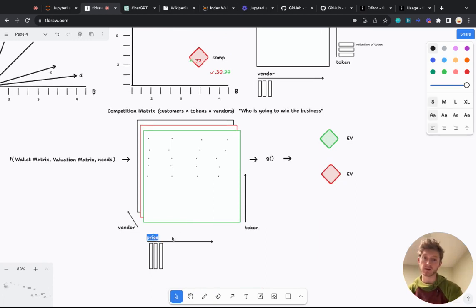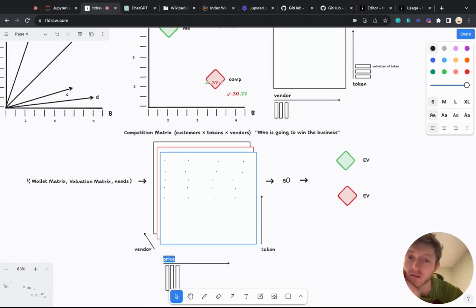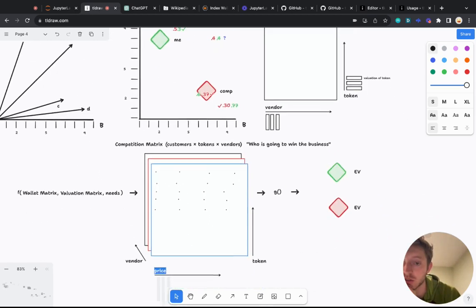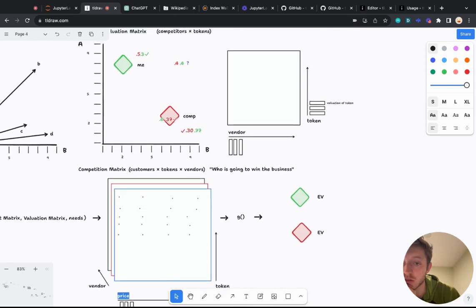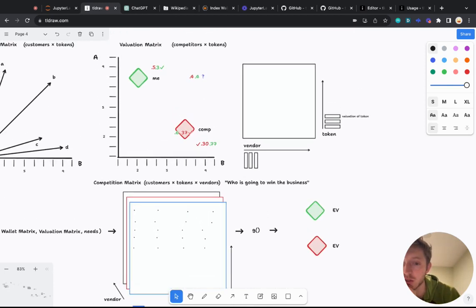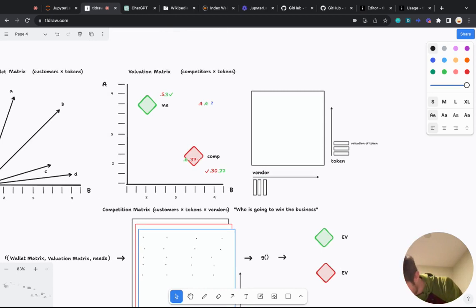The entries, we might call it price. Should you do that for each token? Or should you? Let's see.